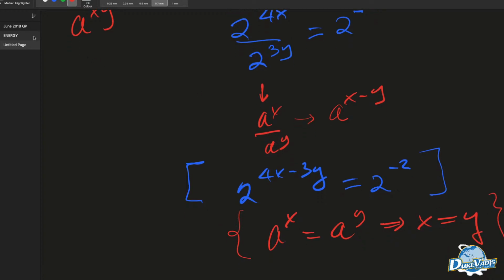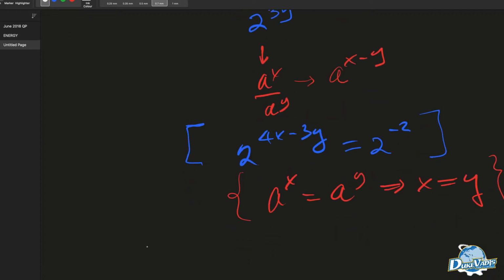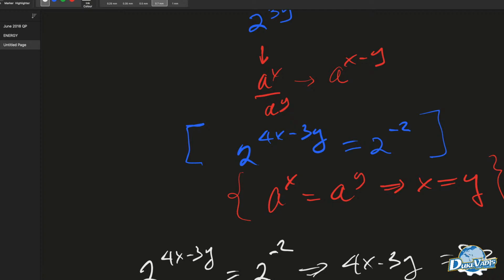So 2 raised to the power 4x minus 3y equals 2 raised to the power negative 2 implies that 4x minus 3y is equal to negative 2. That becomes our first equation. Friends, it is becoming easier.